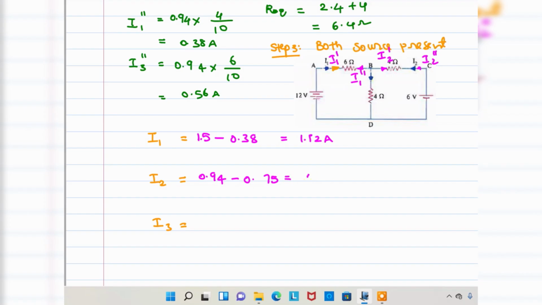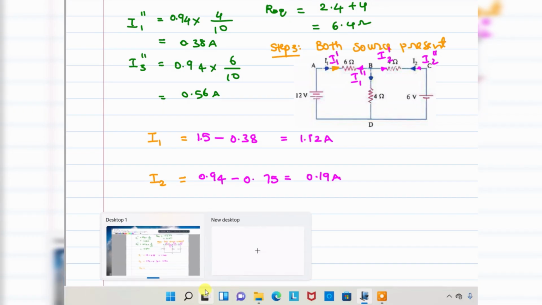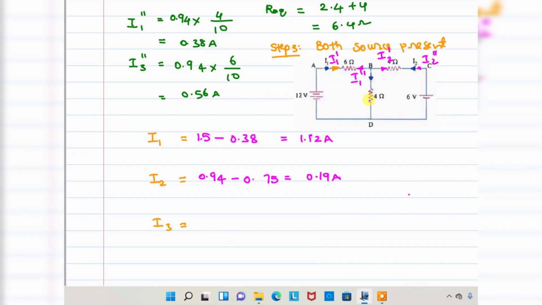That will be equivalent to 0.19 ampere. Next, here I3 prime plus I3 double prime. Both are in the same direction. So that may be equivalent to this value, 1.31 amperes. Okay, this is about the solution.